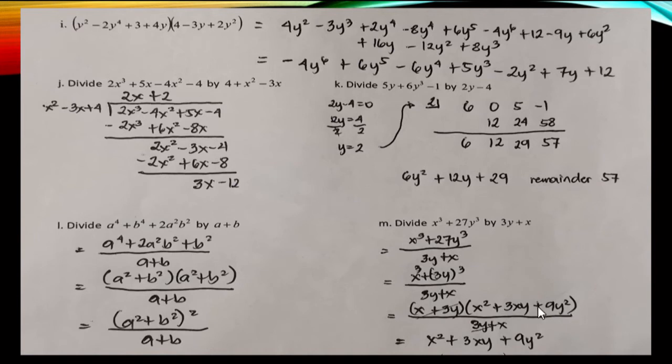So, naani siya sa ato ang special product all over 3y plus x. So, pareha raman na, so pwede na to siya ma-cancel out. So, ang mahitabo, ang atong quotient mao na lang ni x squared plus 3xy plus 9y squared.